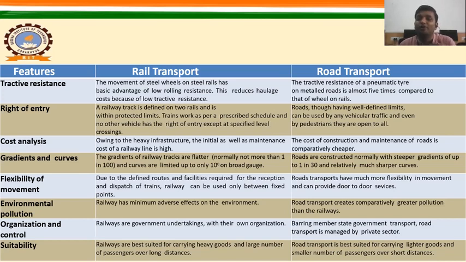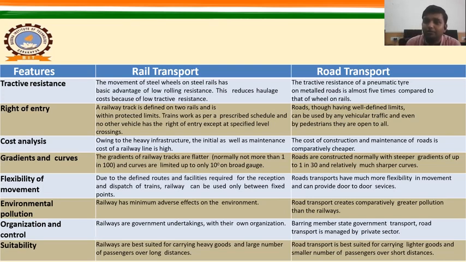So it is all predefined. It means when a train is moving from Gorakhpur to Delhi, no other trains will be allowed to enter that path. And the schedule is also defined. Due to this, there are fewer chances of accidents.